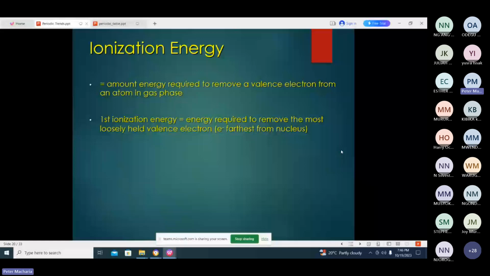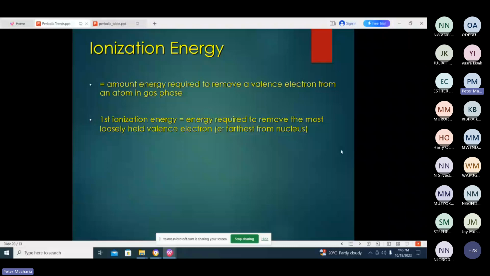So ionization energy is the energy required to remove a valence electron from an atom in the gas phase, so that that electron is not subject to attraction by another nucleus, apart from the atom by which it is held.